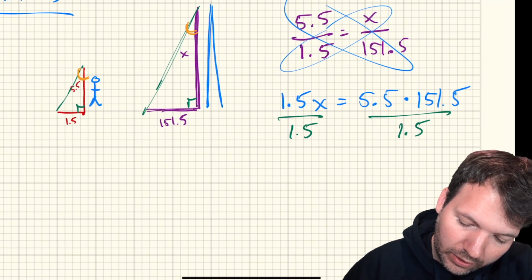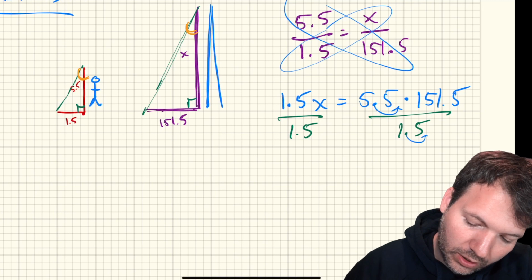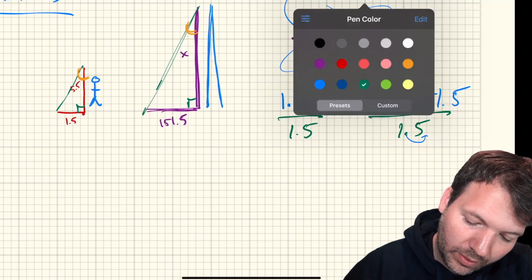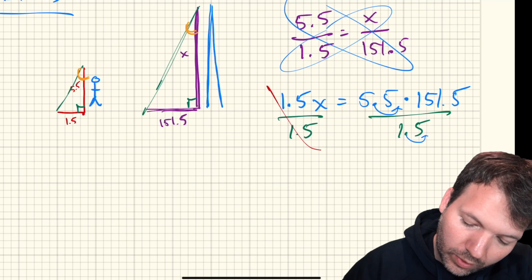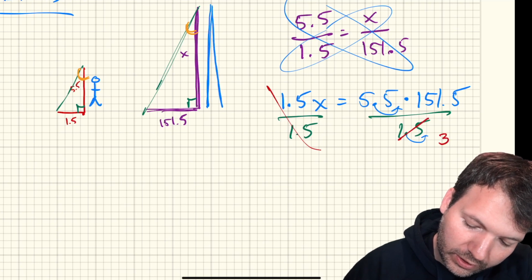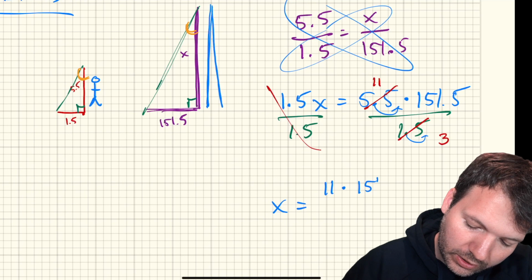And I can tell, okay, so I have some decimal things going on here. And then maybe I can also say, well, 5 goes into this 3 times, goes into that 11 times. And so I end up with x equals whatever 11 times 151.5 is over 3.